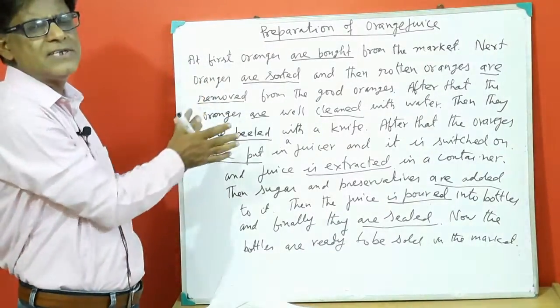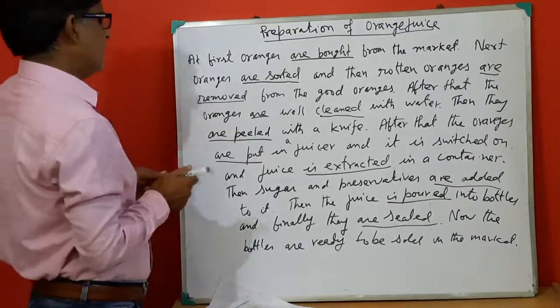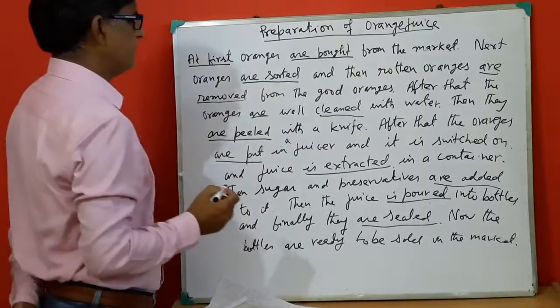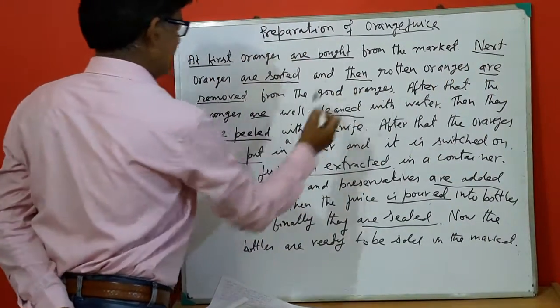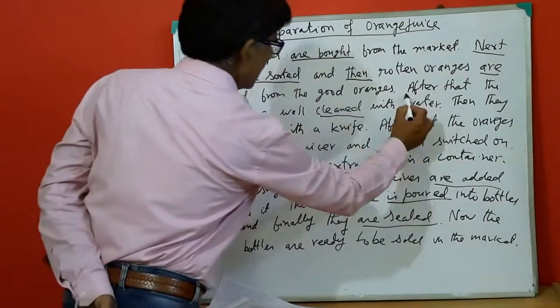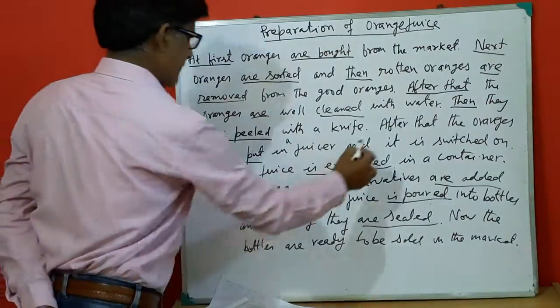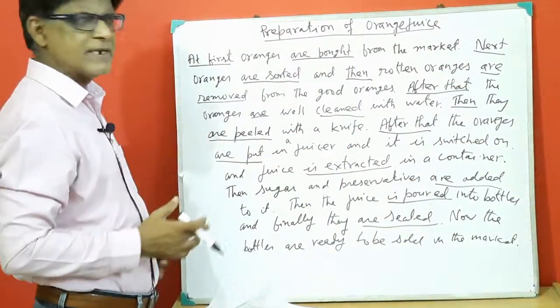90% words are given here. You have to just supply 10% of words. So look, I have added linkers here. Add first, next, then, after that, then, after that, then after that it may be repeated.